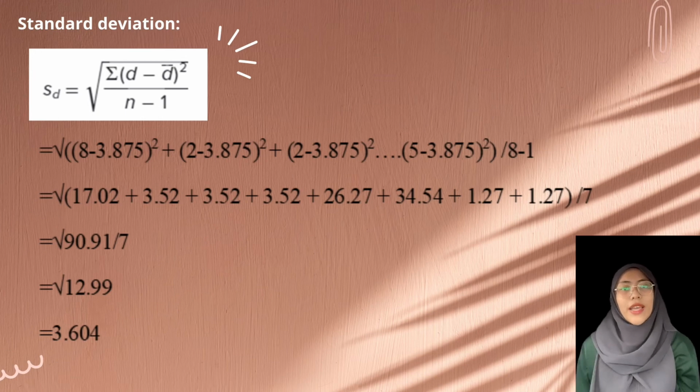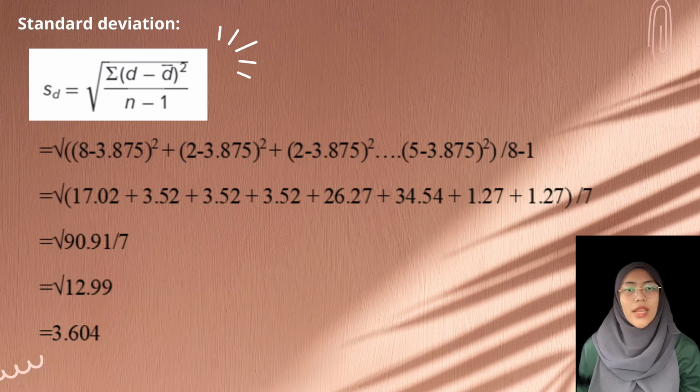Next, we need to find the standard deviation. We will use standard deviation equal to the square root of the sum of x minus the mean, all to the power of 2, divided by n minus 1. We will fill in the formula and we will get the standard deviation equal to 3.6042.